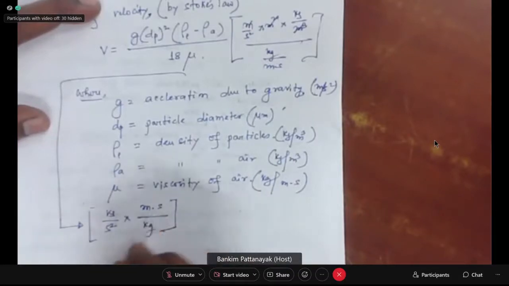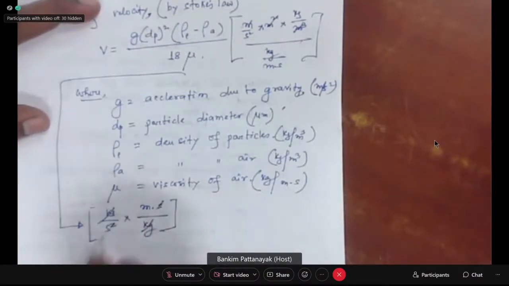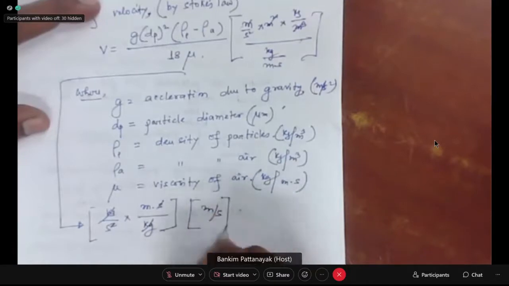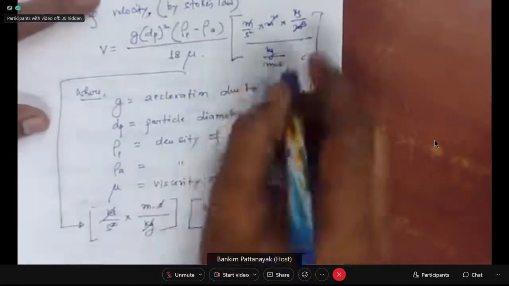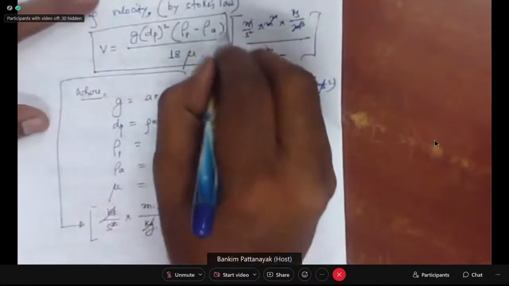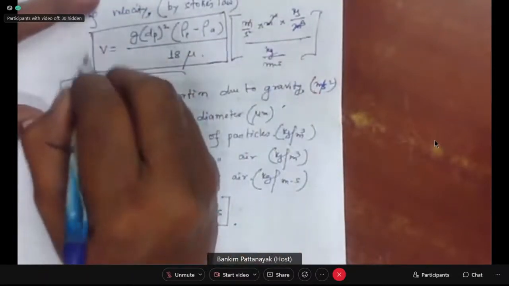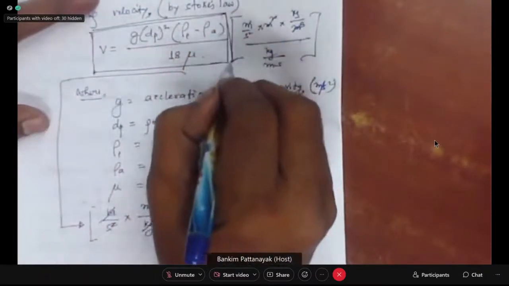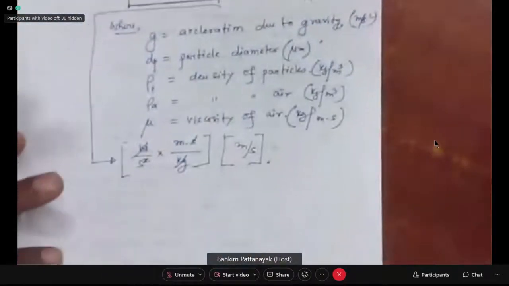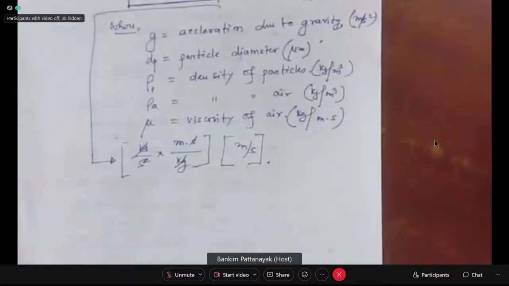The kg goes away, the s cancels, and we get meter per second. So this is not an empirical formula, this is a dimensionally homogeneous formula. Okay, so the settling velocity is given by this formula.